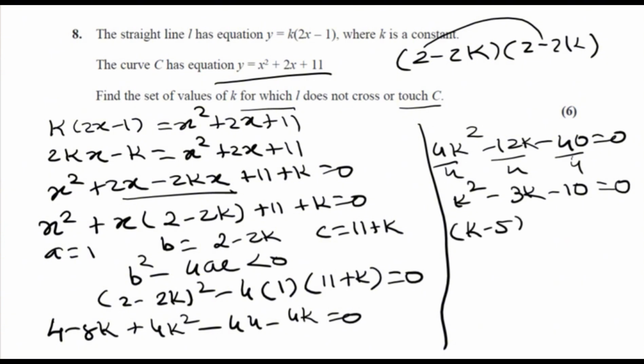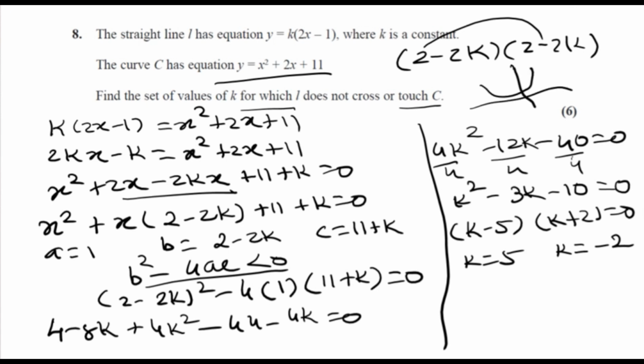Factorize it, k minus 5, k plus 2 equal to 0. So k is equal to 5 and k is equal to minus 2. Now our inequality is less than 0. That means if you draw the graph like this, less than 0 means this set of values we have to consider. So we can write our answer in set notation as minus 2 less than k less than 5.